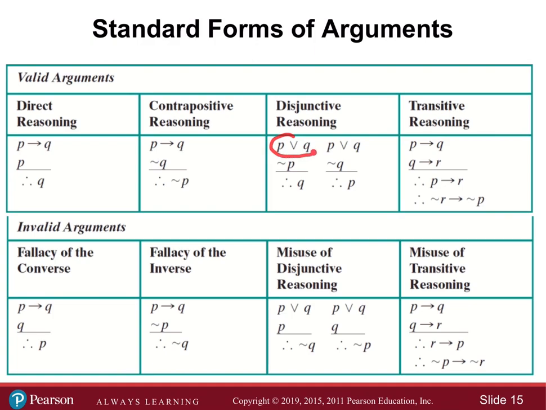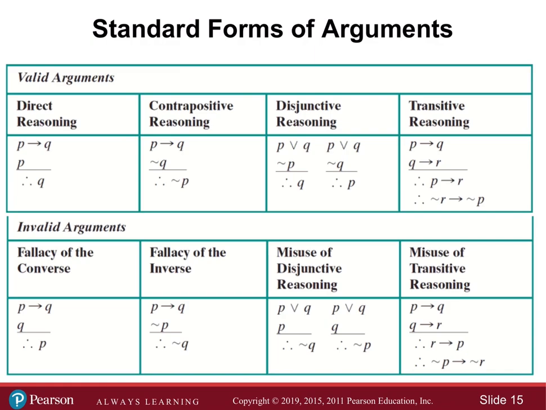In order for this disjunctive reasoning to be true, at least one of these has to be true. And if P is false, then Q would have to be true. And you can do the same with the other. If you have the disjunction, at least one is true, and we're saying that Q is false, then P would have to be true.